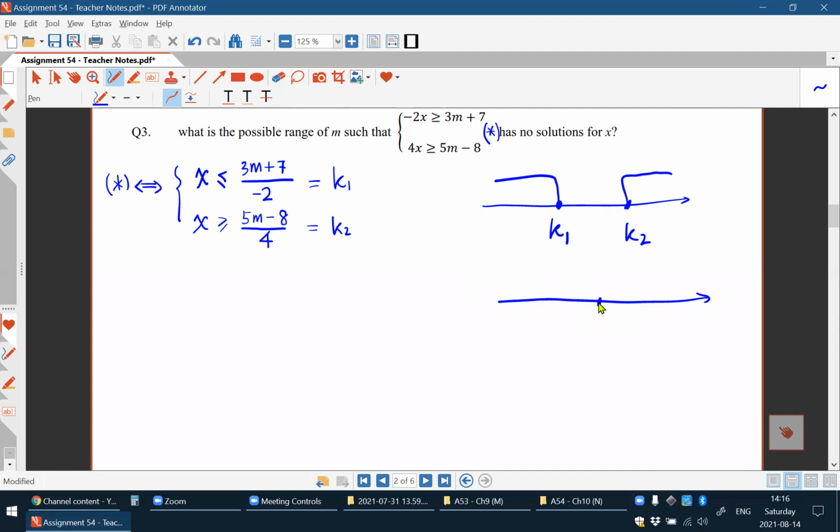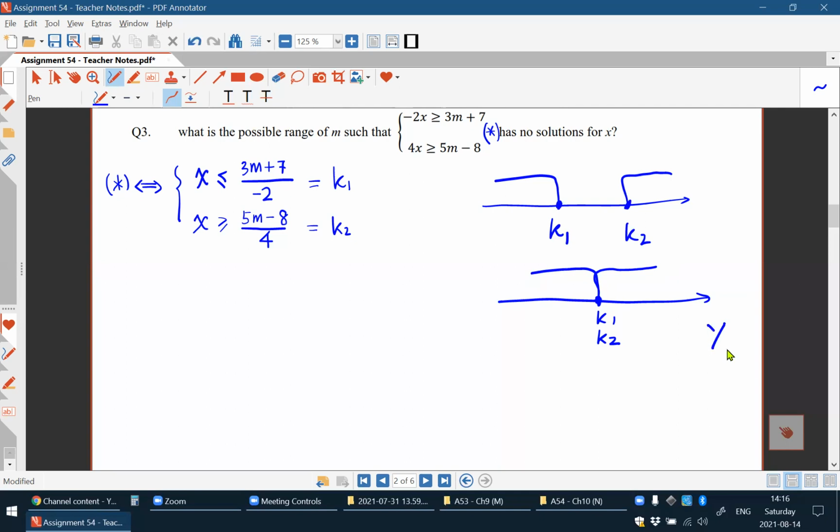Okay, if k1 is exactly equal to k2, what will happen? The solution now is x should be smaller than or equal to k1, and x should also be greater than or equal to k2, right? In this case, the solution is exactly x being k1 or k2.